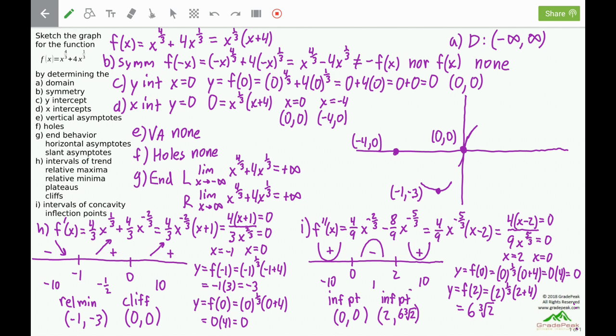And we also have an inflection point at 2 comma 6 times the cube root of 2. The cube root of 2 is something that's not as low as 1, because the cube root of 1 is 1, but it's not as big as 2. It's somewhere between 1 and 2. 1 point something. And then times 6. So I have a y-coordinate somewhere about equal to 7 to 8, somewhere in that range.